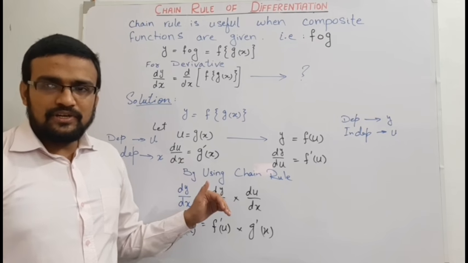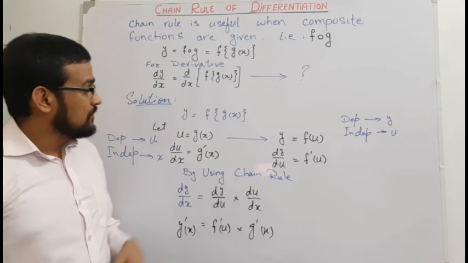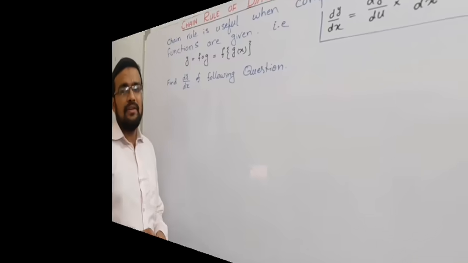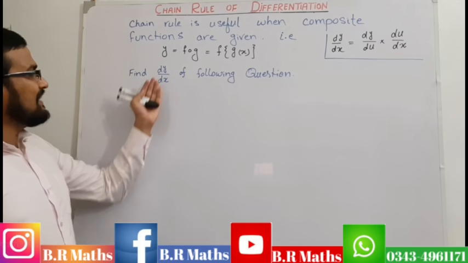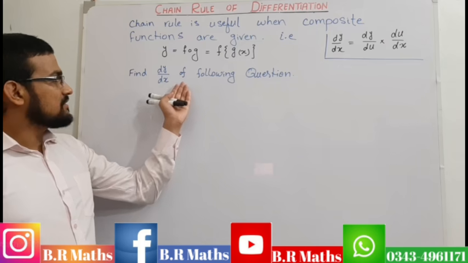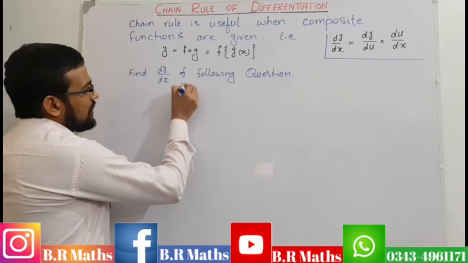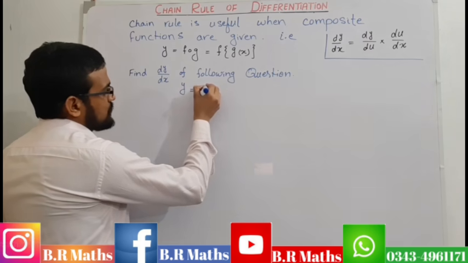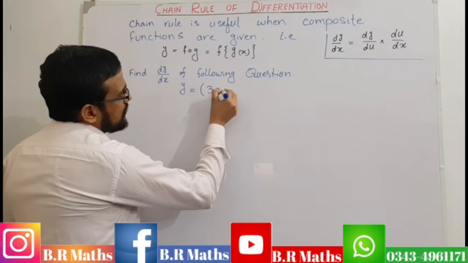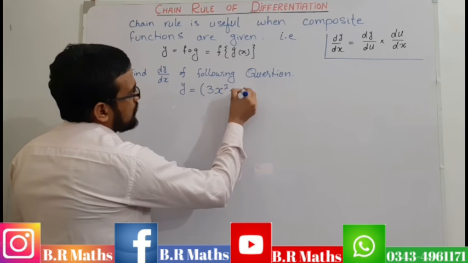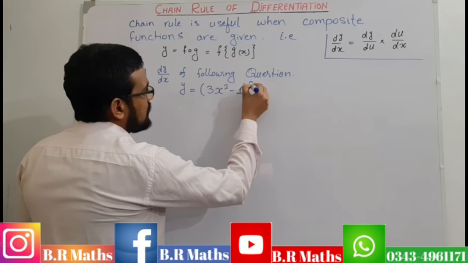For more explanation, now I do some examples for you. Yes students, now find dy over dx of the following question, and the question is y is equal to (3x square minus 1) whole power 8.